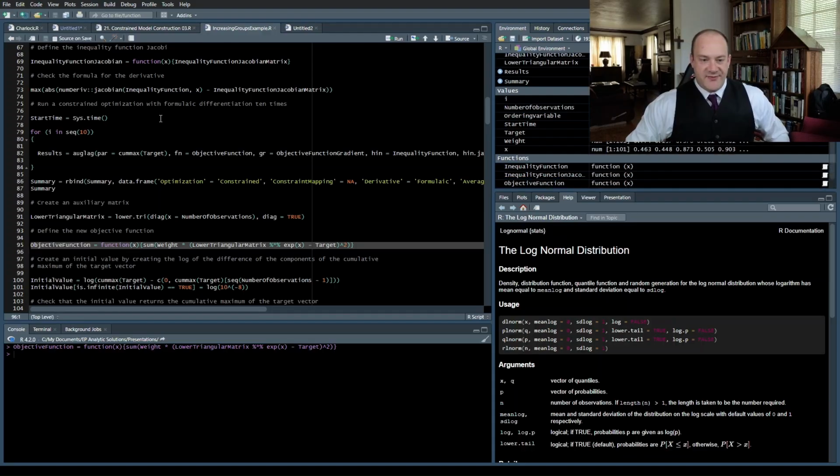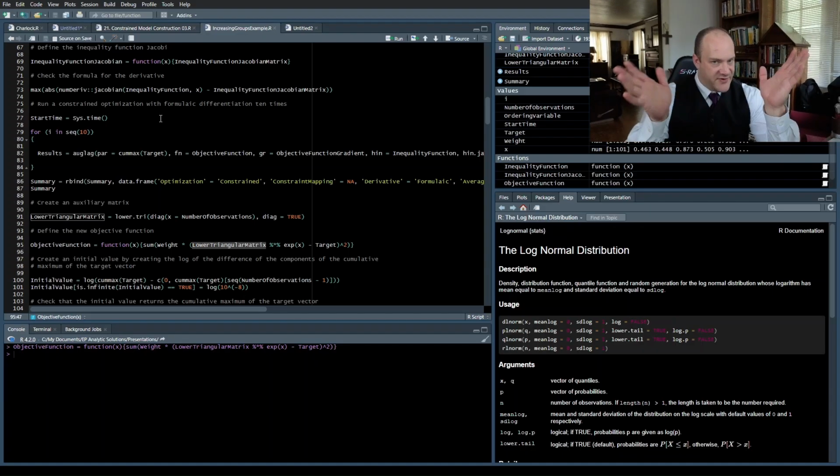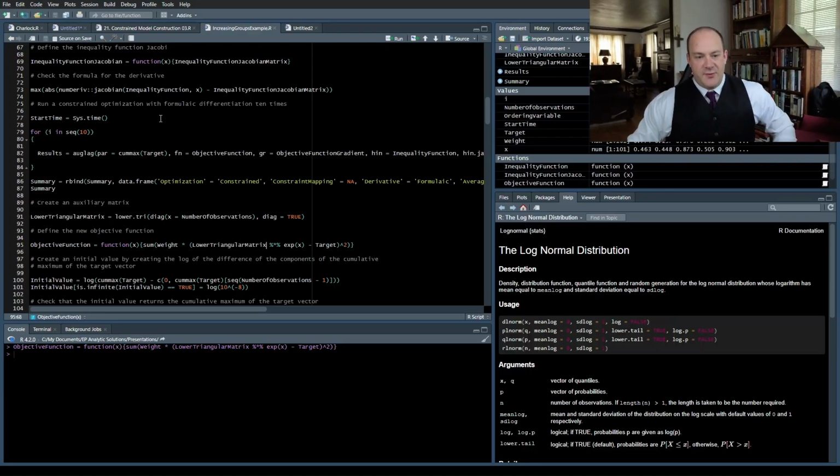And so now we define our new objective function. As we said previously, what are we doing? We're exponentiating our components, and then we are multiplying that by the lower triangular matrix so that we get the sum of our exponentials. Then we are looking at the weighted squared error between those two values, and then we're adding it up.